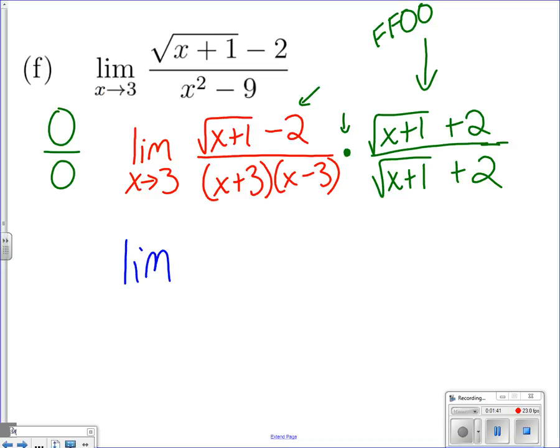So we have the limit as x approaches 3 of. Now, I'll just show it for this video. If you multiplied this first term by this first term, you'd end up with the square root of x plus 1 times the square root of x plus 1. Essentially, you're taking something under a radical and squaring it.